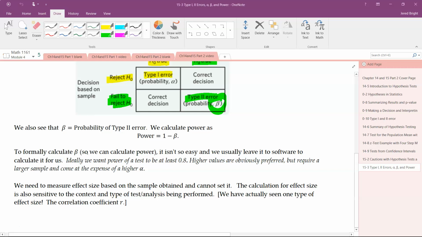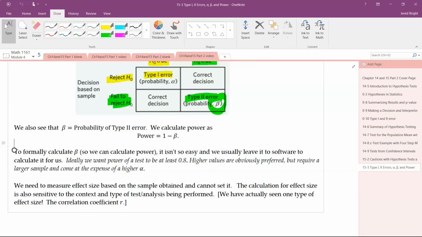We've talked about how alpha is something that we choose, or it's defined in the context. Power is 1 minus beta, whatever our type 2 error probability is. And effect size, we haven't talked about how to calculate that. I did mention that it is specific to the context and the calculation methods.